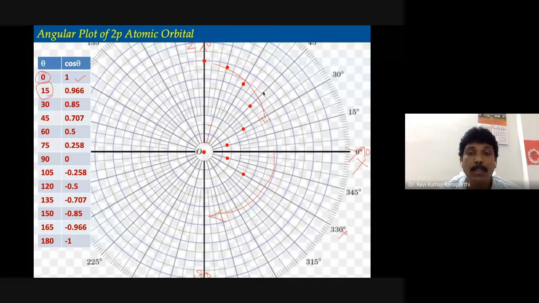And at 120 we have 0.5, at 135 we have 0.7, and at 165 we have 0.966. At 180 it is minus 1, right? So 1 you can consider, so the negative sign you can ignore.